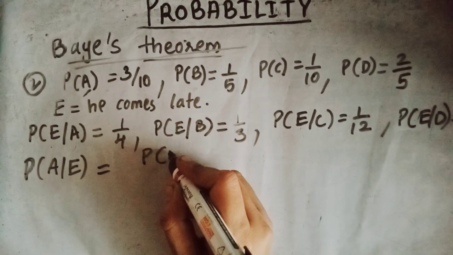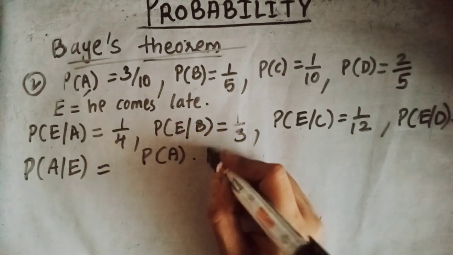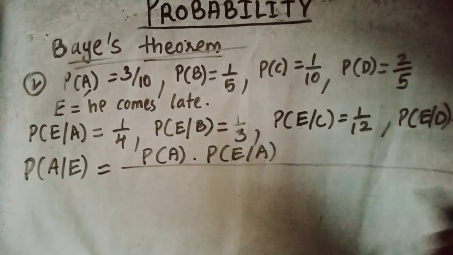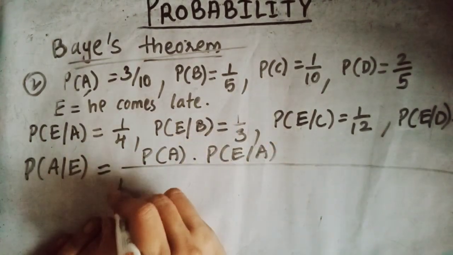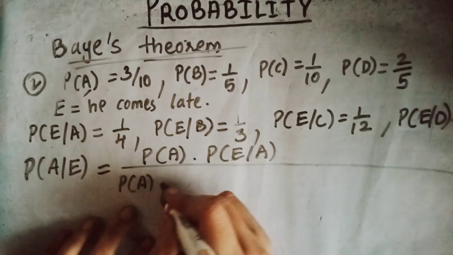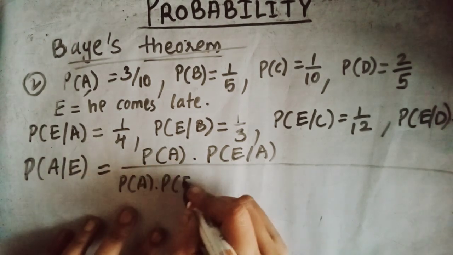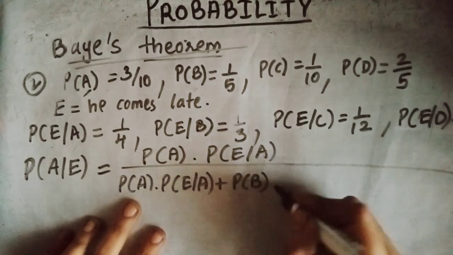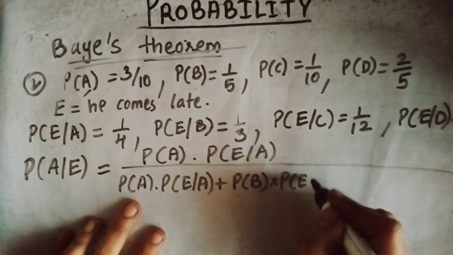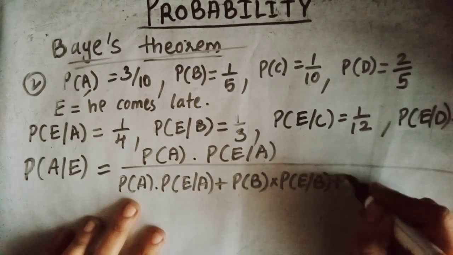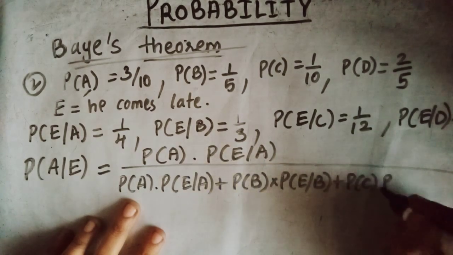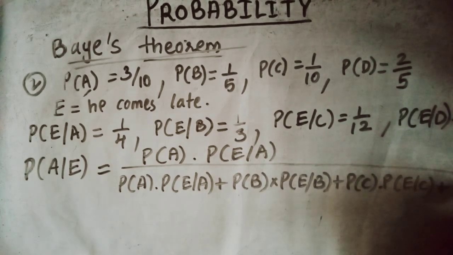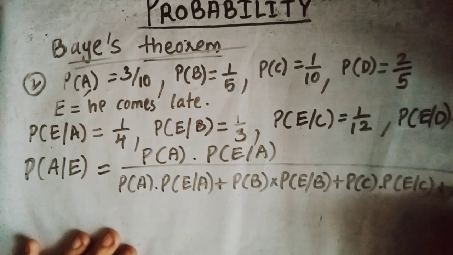P of A, P of E over A, and then you have to add all the probabilities: P of A, P of E over A plus P of B, P of E over B plus P of C, P of E over C. The last one no need to write, because it will become 0.